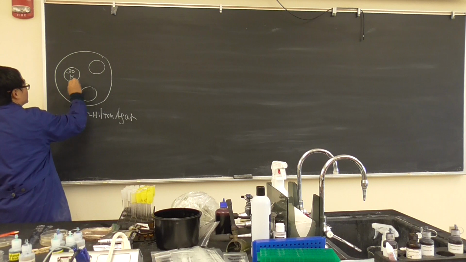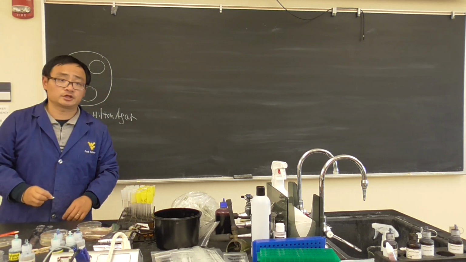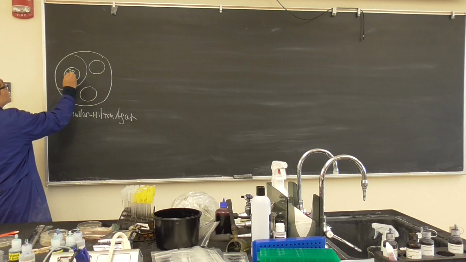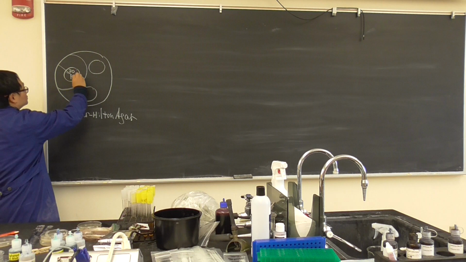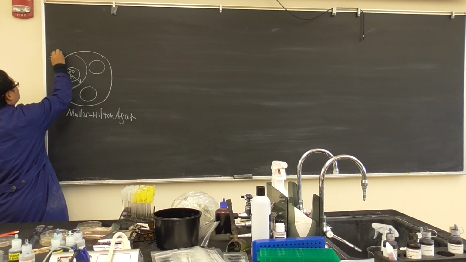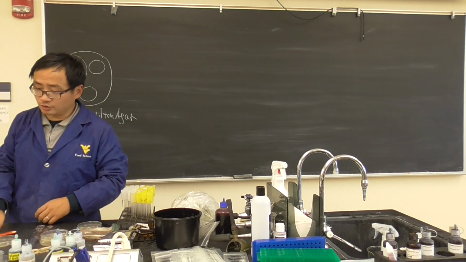That is K30. K means kanamycin, and 30 is micrograms. What is the diameter of the inhibition zone? 38 millimeters. Okay. You will see this zone is 38 millimeters. So what are you going to do?